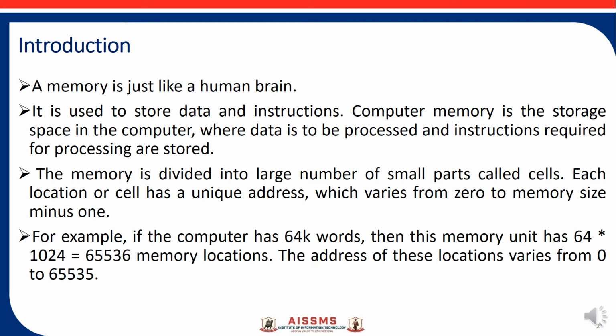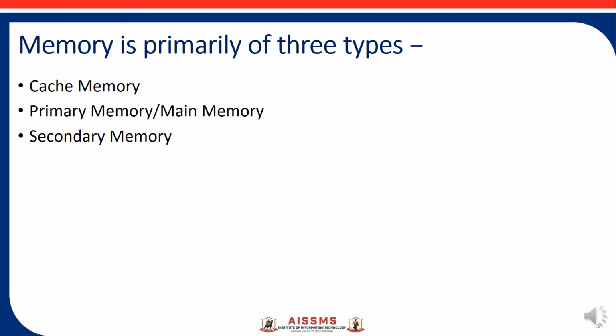Suppose there are 100 memory locations present in the given device. For example, if the computer has 64K words, then this memory unit has 64 into 1024, which means 65536 memory locations. The addresses of these locations vary from 0 to 65535, because we have to consider the minus 1 condition.